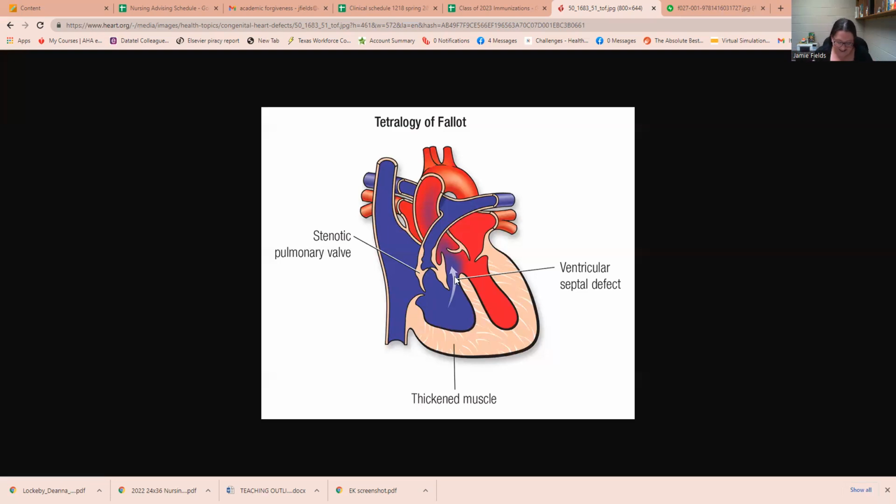So think about the kind of things that are going to cause an increase in that shunt. Remember, the shunt can go back and forth, but things that are going to cause it to go right to left and be increased. They need more oxygen. That's going to cause an increased right to left shunt. Okay. So at birth, they may be asymptomatic to cyanotic, but remember that pulmonic stenosis tends to be progressive.